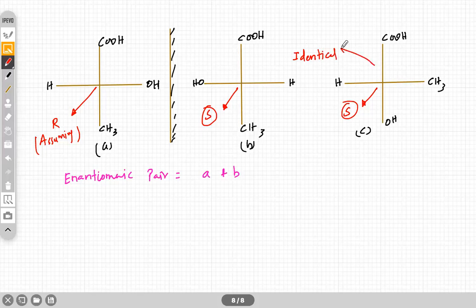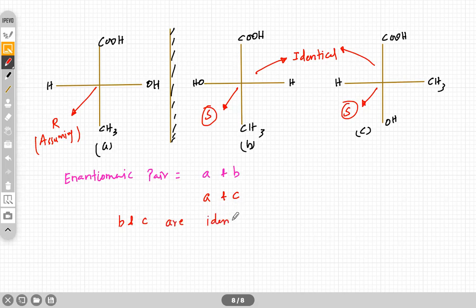Only the representation is different, but the molecules are identical. So if A and B are enantiomers, A and C are also enantiomers. What about B and C? B and C are identical compounds. Did you get my point?